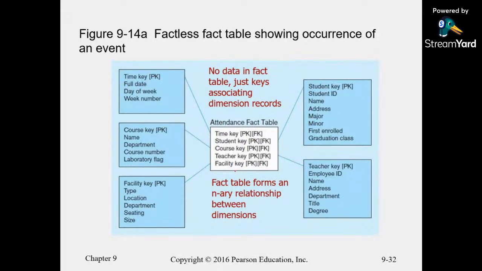This is useful for tracking events, especially tracking which student attended which course at which time in which facility with which instructor. The attendance fact table is used this way because it can easily link all the various dimension tables together.